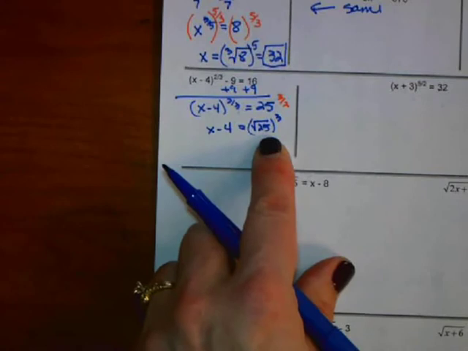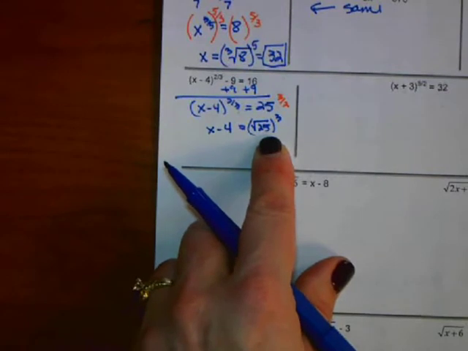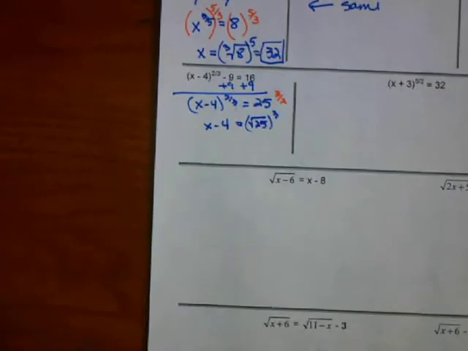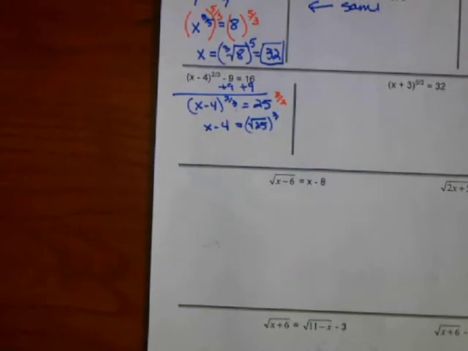What's the square root of 25? 5 cubed. Be careful though. When I have the square root of 25, I have a plus or a minus, don't I? So I have plus or minus 5. Both of those cubed would be plus or minus 125.